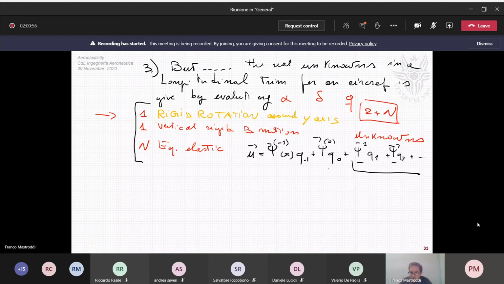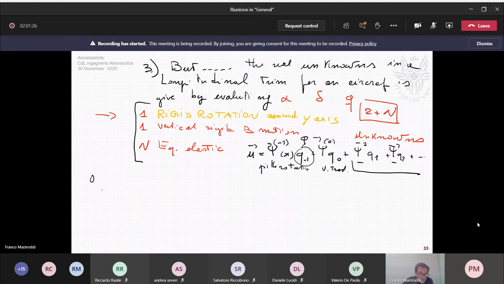So we have a vertical translation, and we have a pitch rotation here, a rigid rotation. So this Q -1 is a pitching angle of attack, like an angle, I don't know, phi, for the pitching.